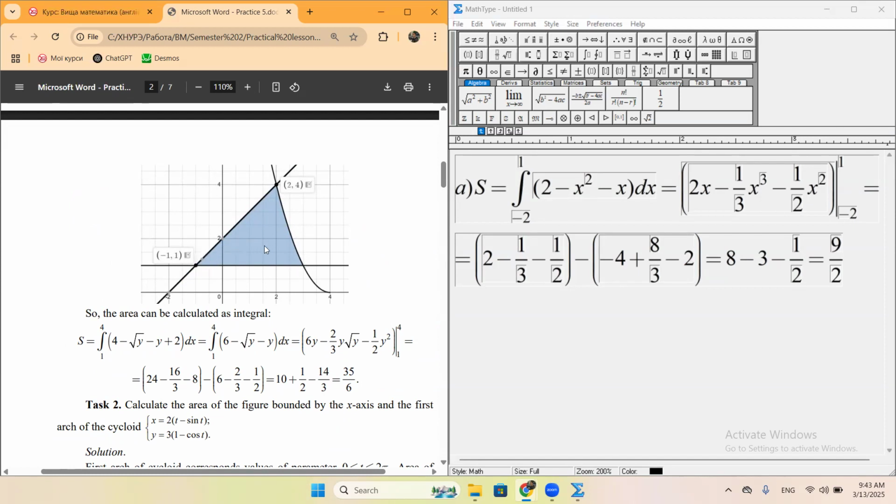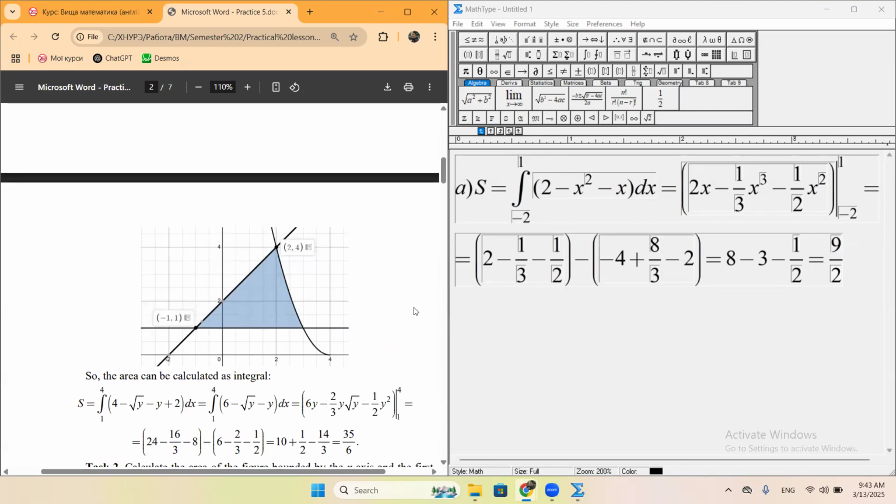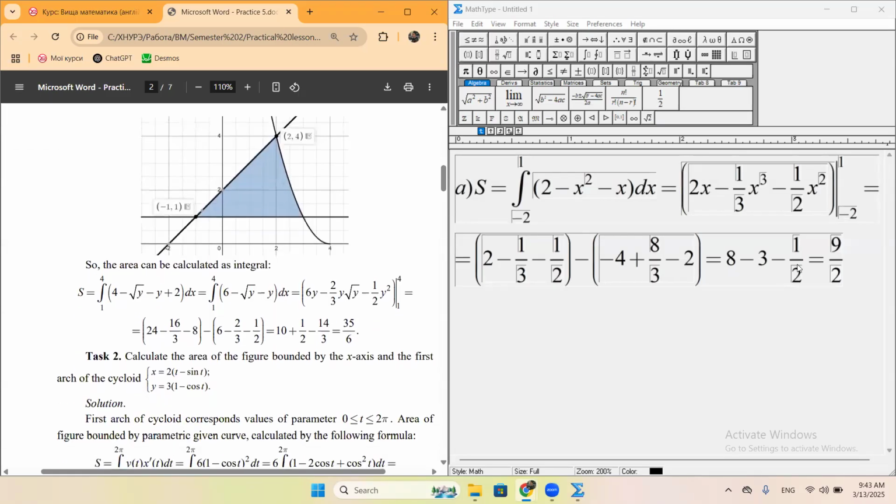In this exercise, in b, this is the top bound and this is the bottom bound. Okay.